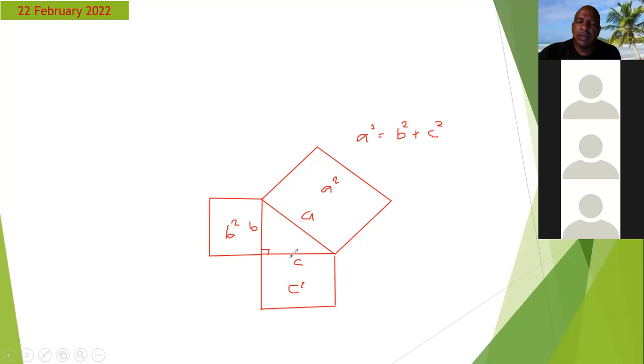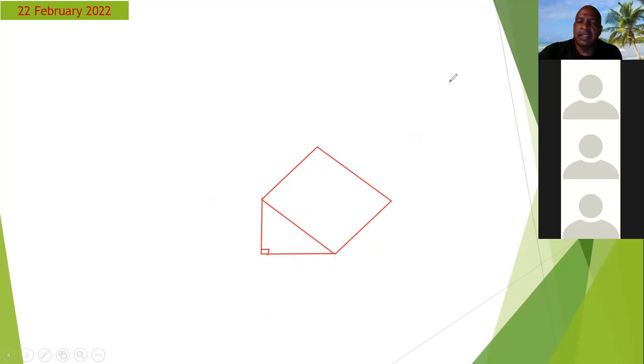Now, without using the squares on the triangle, if we just think of the triangle without the construction of these squares, the formula will still hold true, right?